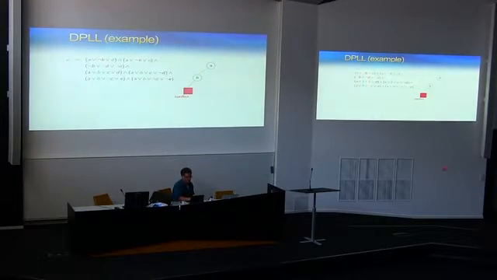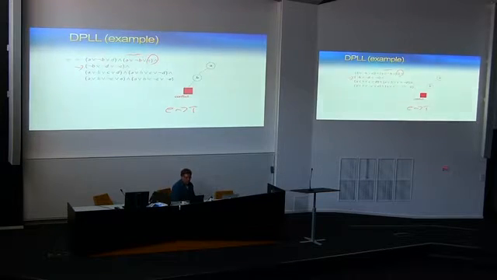Now if we pick B to be true, then we get a unit clause here, because now A is false and not B is false, so E must be true. So E is implied to be true when we pick A false and B true, and therefore this clause is false.